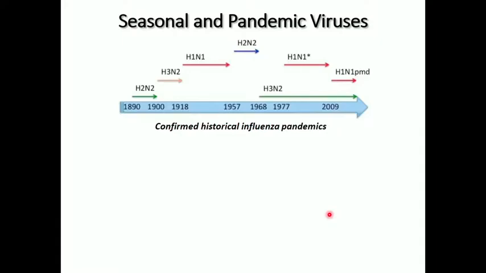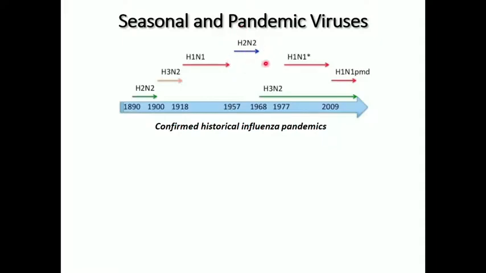So to remind you, pandemic viruses that we have managed to type accurately: H2N2 from about 1890 something onwards. H3N2 pops up around about 1900, lasts till 1918. H1N1 takes over till 1957.